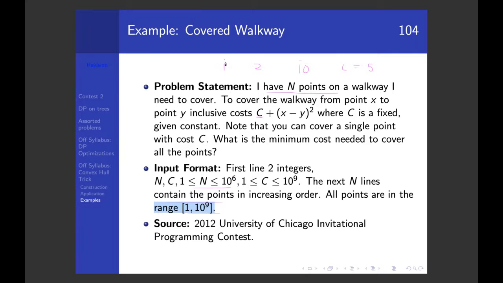The cost of covering them all by one long range is 5 plus the length of the range squared, that's 10 minus 1, 9. So 81 plus 5, 86. If we cover 1 and 2 with one range, this costs 6, 5 plus 1. Cover 10 on its own, that costs 5. That costs 11. That's the best answer.